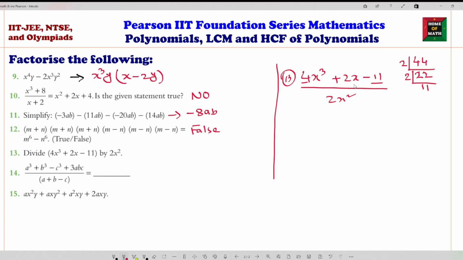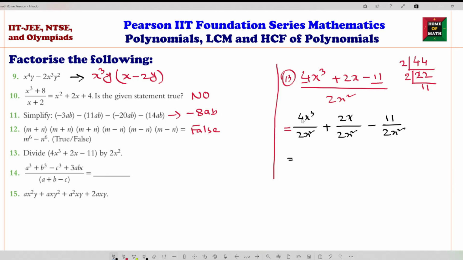So this one we cannot make middle term, but we can do like this. Here is 4x cube divided by 2x square, plus 2x divided by 2x square, minus 11 divided by 2x square.